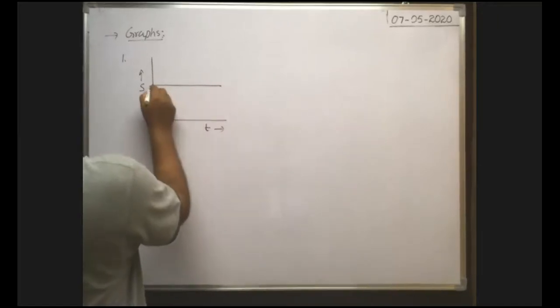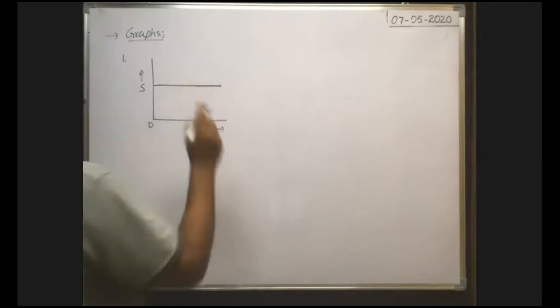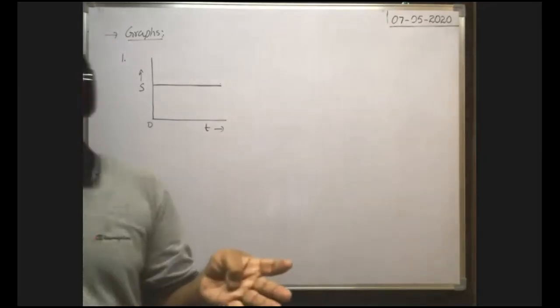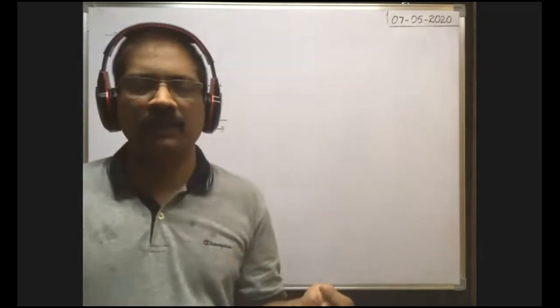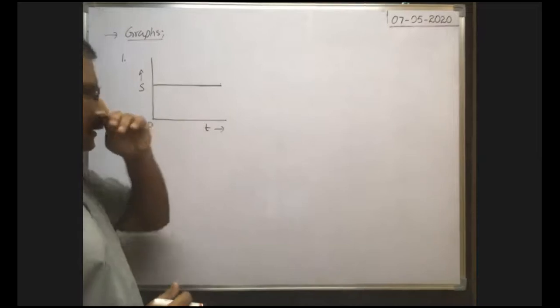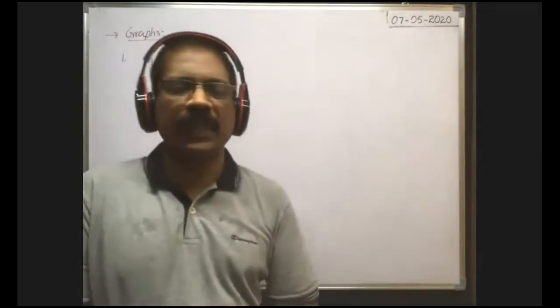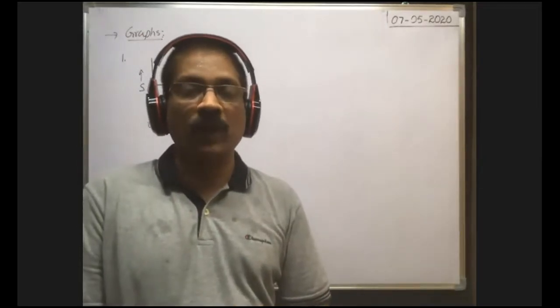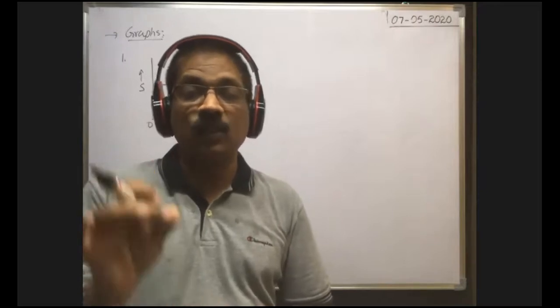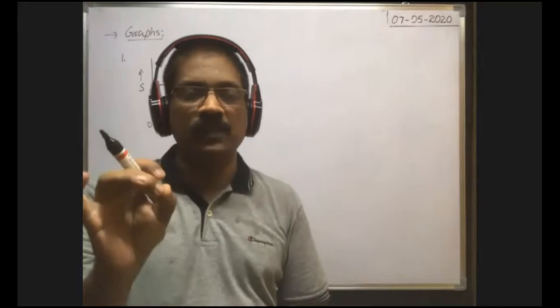What does it represent about the velocity of your body, acceleration of your body, etc.? So whenever the displacement-time graph is given like this, what does the slope of the displacement-time graph give?